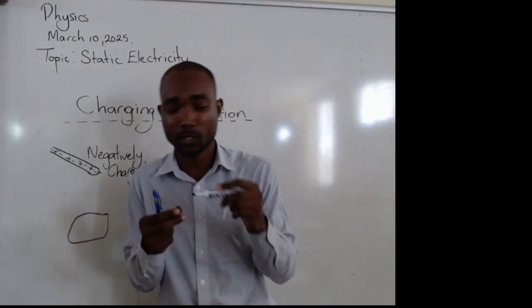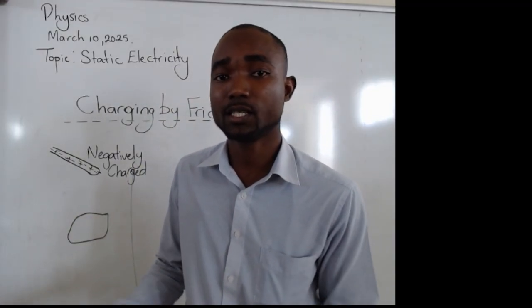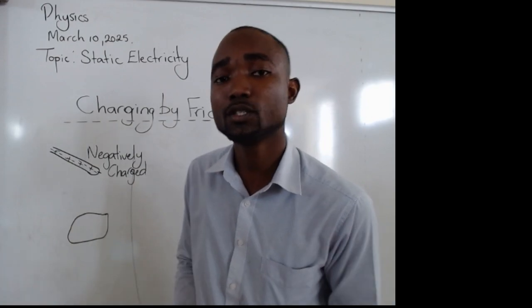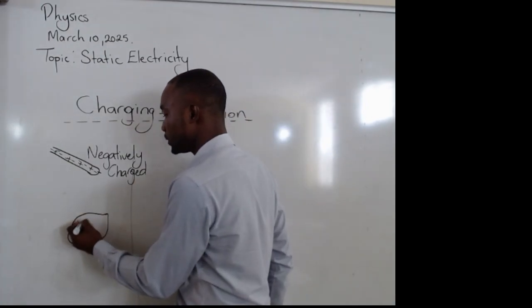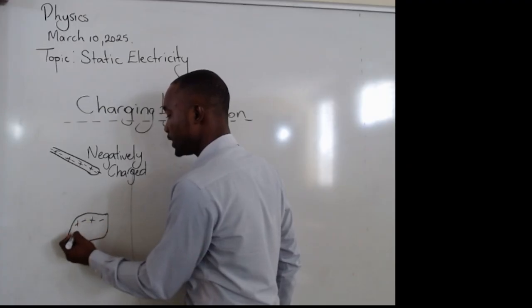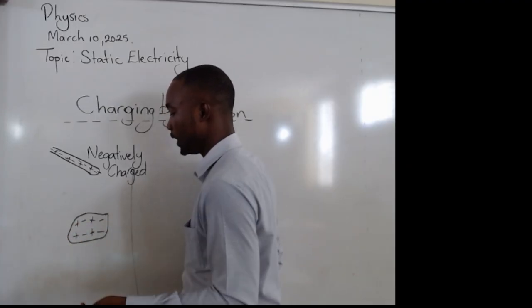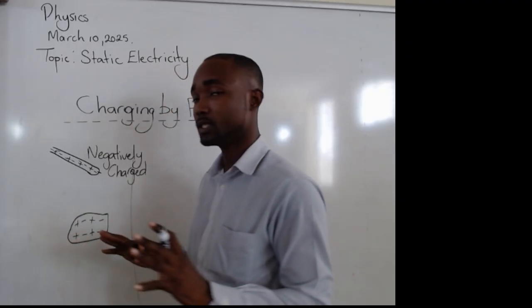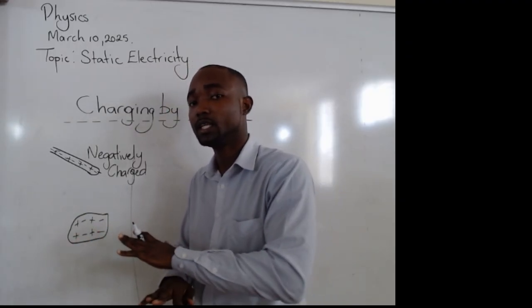Now this piece of paper is just lying on the desk, so naturally it is neutral. It has no charge on it. Neutral simply means, in this case, equal amounts of electrons and protons. And we are looking at the atoms that are on the surface.